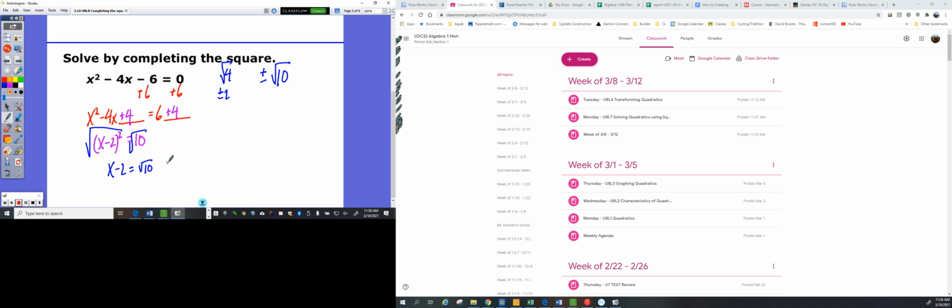Okay. So therefore, the way that I'm going to present this solution is if I'm going to add 2 to both sides, then my answer is going to be x equals 2 plus or minus square root 10. That's how you would present your answer. Okay? 2 plus or minus square root 10.